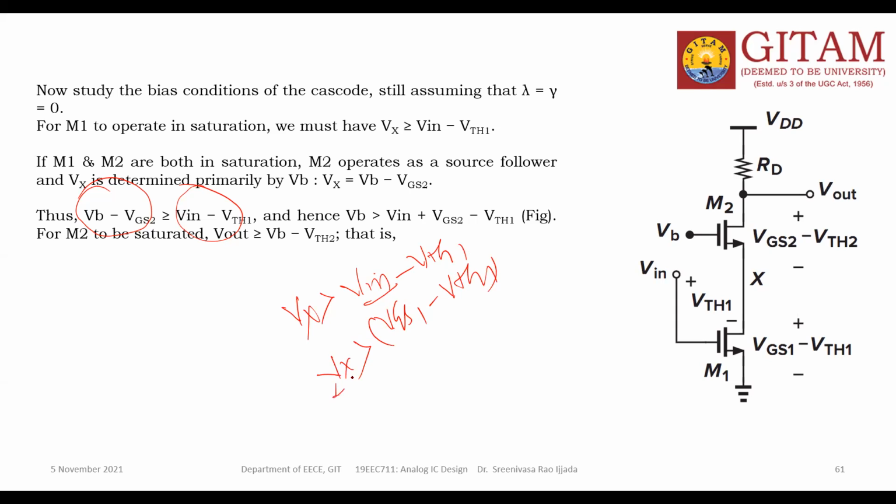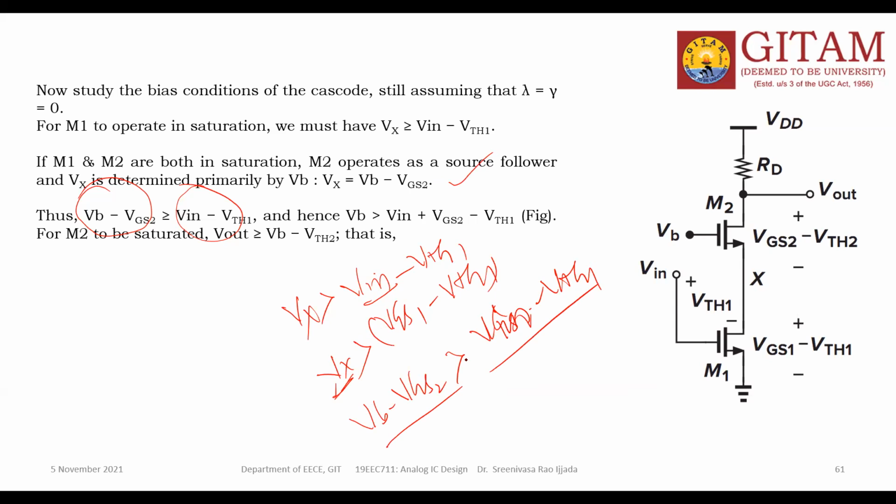In the next case, I found this Vx from here, so now I can substitute this value: Vb minus Vgs2 should be greater than Vgs1 minus Vth, or Vin minus Vth. Nothing wrong with writing Vin in place of Vgs1, because the gate potential is Vin and the source is grounded.